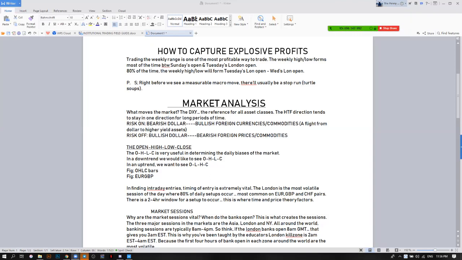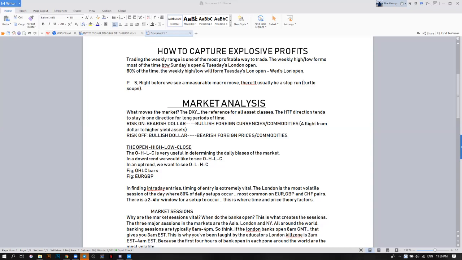Right, sorry guys. So there's two different market scenarios I compare in the marketplace. Now, when people ask me, what do you do when you come to your charts? Apart from doing fundamental analysis, which is another topic entirely, when doing technical analysis, what is the first thing you look at? I want you guys to write this down. The first thing you always want to look at is your DXY. Make sure you're writing this down.